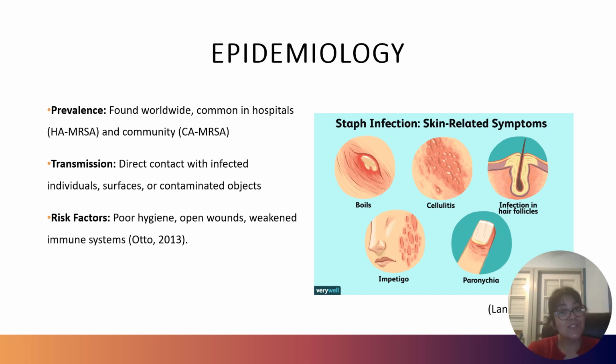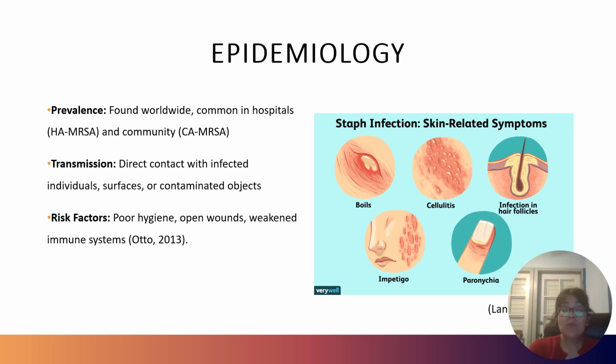And as a high school teacher, one of the largest places that you can find staph infections, or at least the staph bacteria, is going to be in locker rooms. Every year I have my students do swabs, and a lot of the times kids will go in and swab the locker room, and we start growing Staphylococcus in our incubator. So risk factors are going to be poor hygiene.